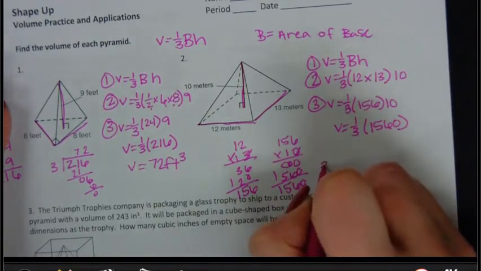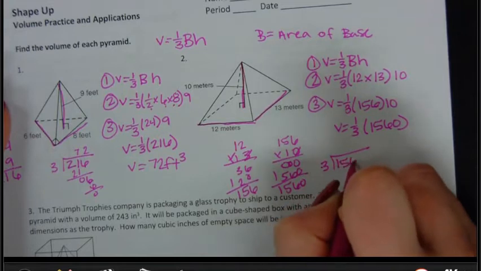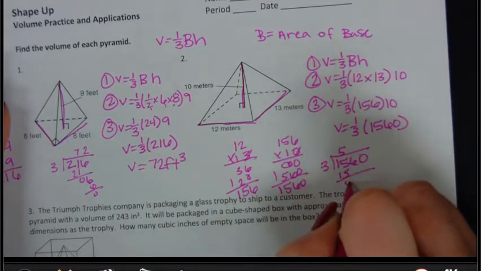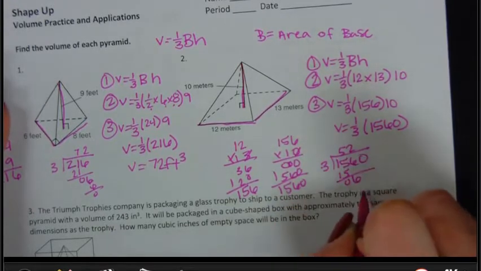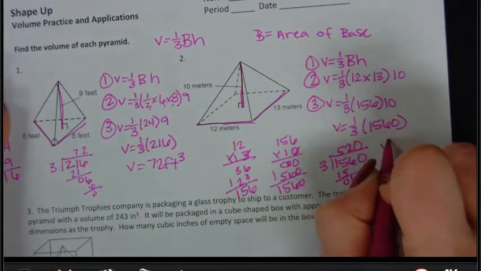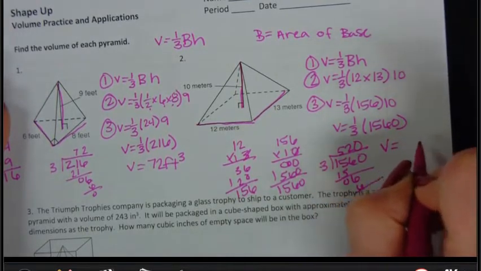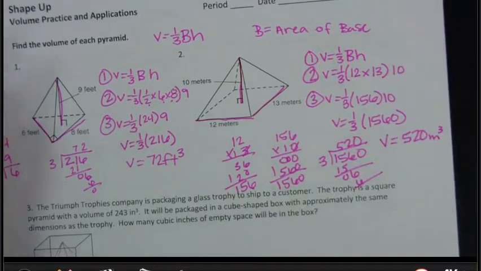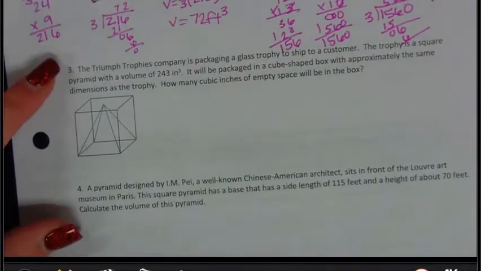And now I need to divide this by 3. 3 can go into 15 5 times. 3 can go into 6 2 times. And 3 can go into 0 0 times. So the volume for this pyramid is 520 meters cubed. All right, number 3.